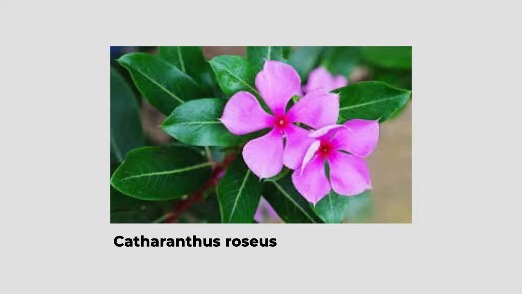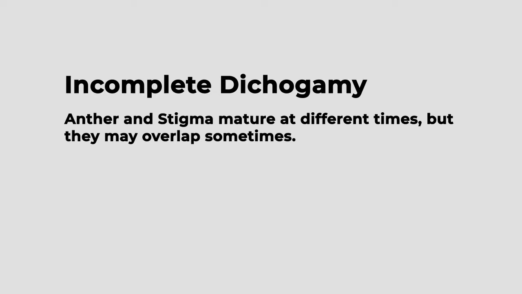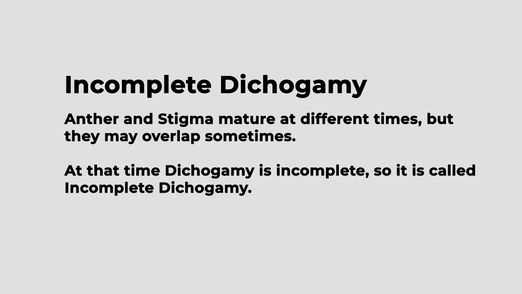Then the third one is incomplete dichogamy. Dichogamy means anther and stigma mature at different times. Homogamy means same time. Dichogamy means at different times. But sometimes the times of maturation overlap with each other, that is, they coincide.